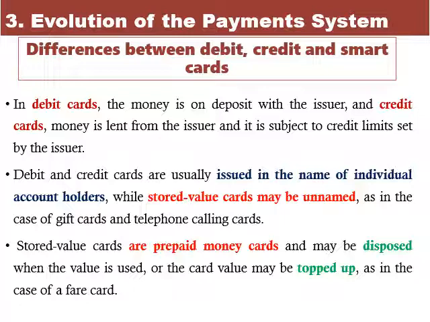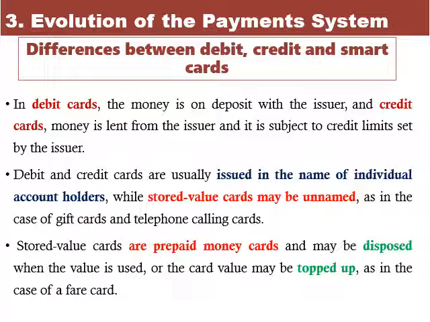On the other hand, in credit cards, money is lent from the issuer or the bank, and it is subject to a credit limit set by the issuer. So, in the case of a credit card, if you withdraw money using this card, you should repay it along with an additional charge in terms of interest.